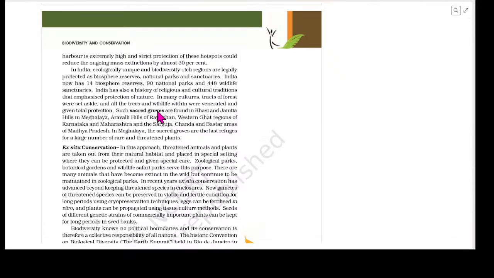Such sacred groves are found in Khasi and Jaintia Hills in Meghalaya, Aravalli Hills of Rajasthan, Western Ghat regions of Karnataka and Maharashtra, and the Sarguja, Chanda, and Bastar areas of MP or Madhya Pradesh. In Meghalaya, the sacred groves are the last refuges for a large number of rare and threatened plants.